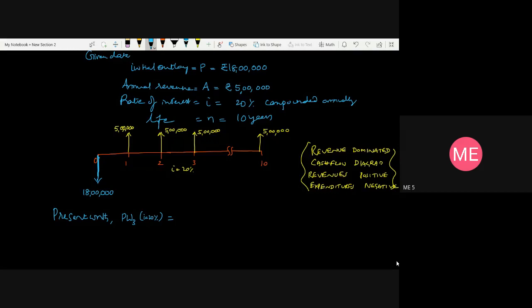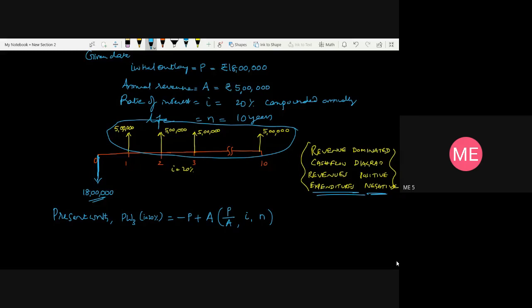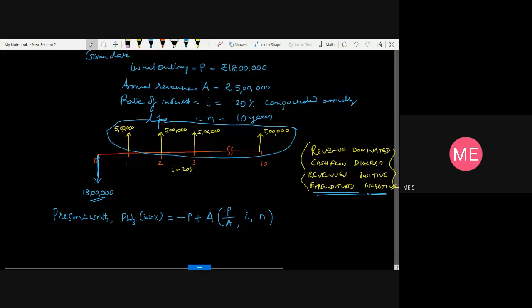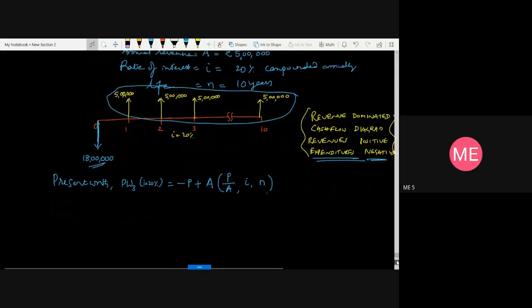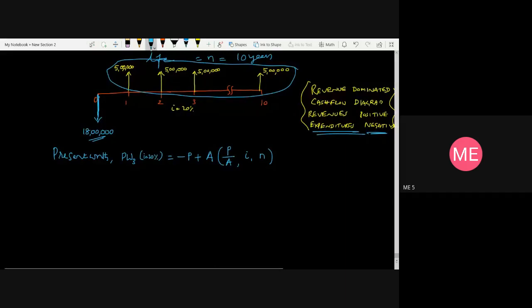If I write the equation, as I told, expenditure is negative, so I'll take minus P. Then if you look at all these as a uniform series of payments, I'll take the annuity A, and for this uniform payment series I'll be finding the present amount, so P by A comma I comma N. This is the formula I can use for calculation of present worth. Similarly, substituting these values in this equation.